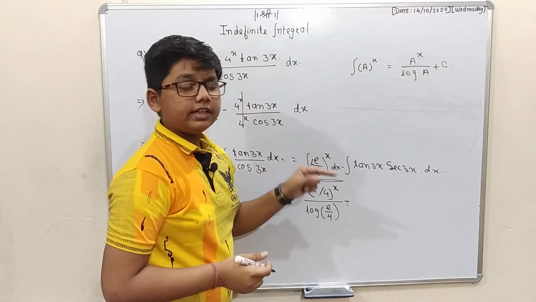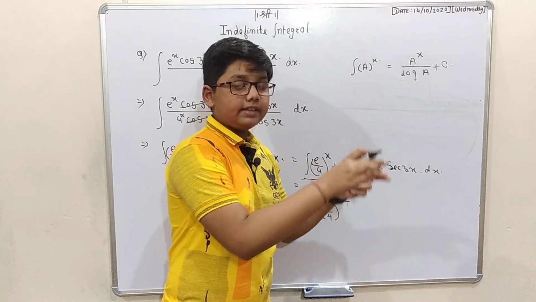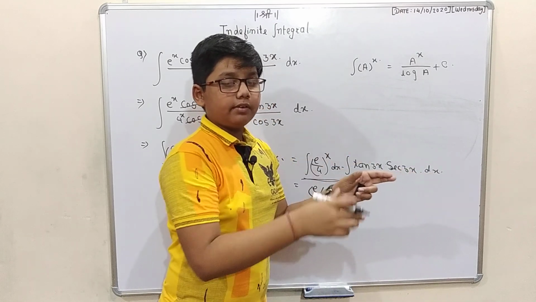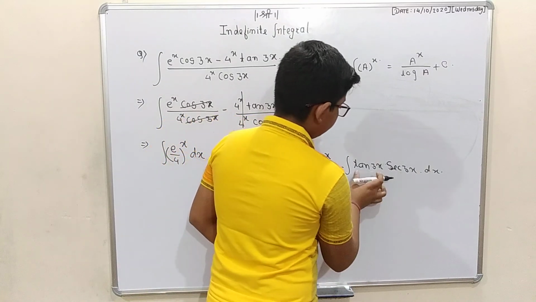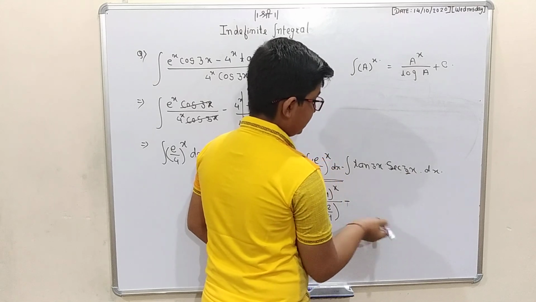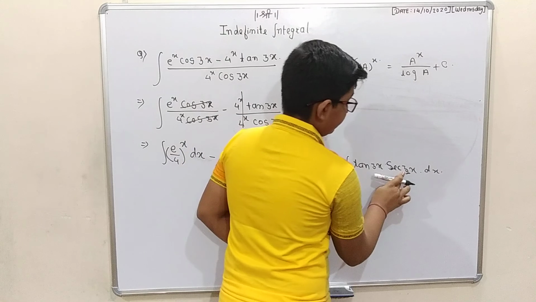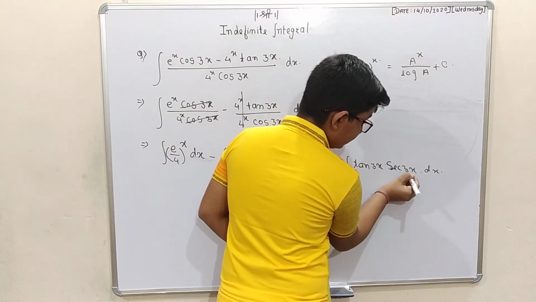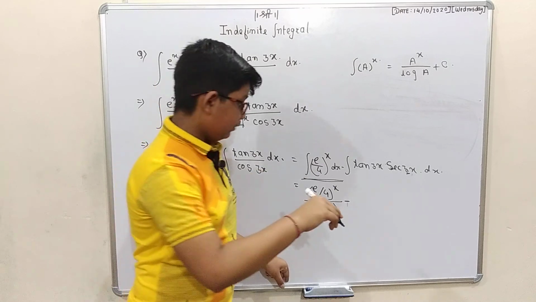Now since integral of tan x into sec x will give us sec x only, tan 3x into sec 3x over here, 3 is the coefficient of the variable. So we will get sec 3x. But there is a problem. Here we can see that there is 3, so its denominator will be 3.